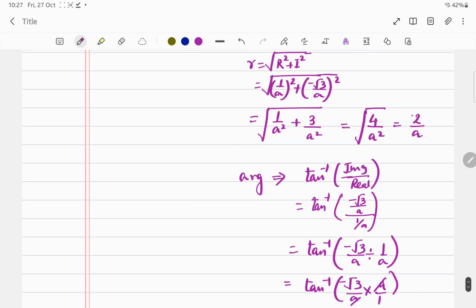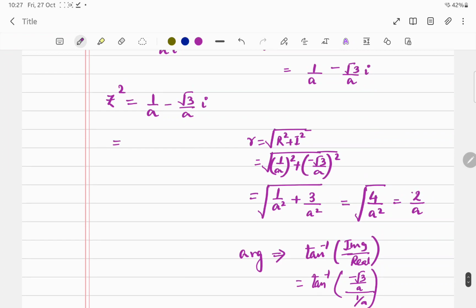So the argument of this z squared is equal to minus pi over 3. Now let's write it in polar form. We will have r is 2 over A, and cos theta plus i sin theta is written in short form as cis, minus pi over 3, the argument, which is z squared. Now we have to use de Moivre's theorem.